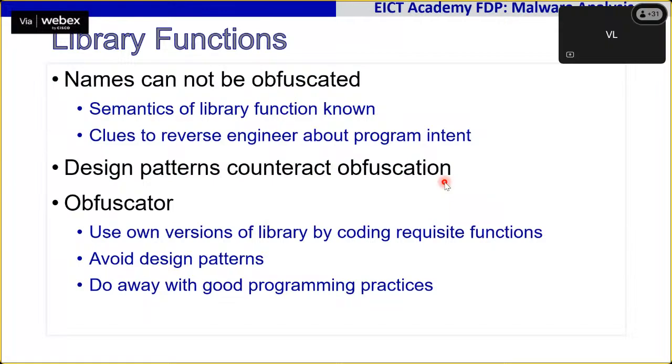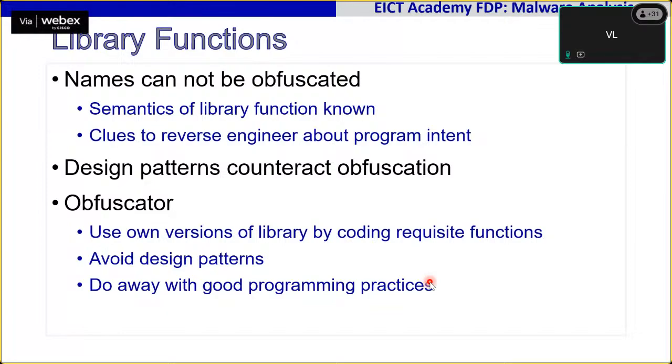Now, control flow obfuscation can also be done by using the way the libraries are being used. Library names cannot be obfuscated, so the same library can be copied and renamed to some other name, and that library name used to make it difficult for people to understand what is happening.